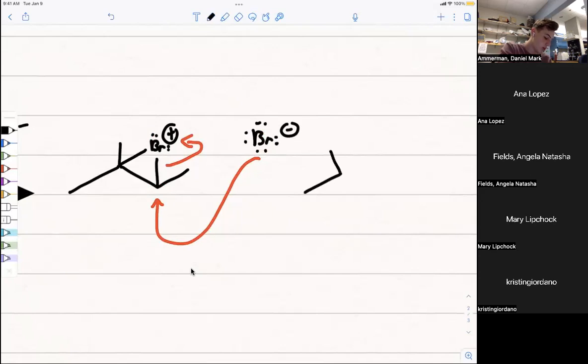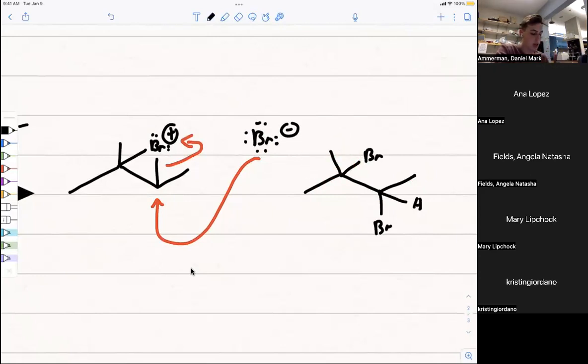So when we write our product, Br, and we have another one over here. It just so happens that one of these is a stereocenter. This bottom one is, because I have this whole group and then this methyl, and there's also a hydrogen here. This one's not, there are 2 methyl groups, which are exactly the same, so that one is not a stereocenter.